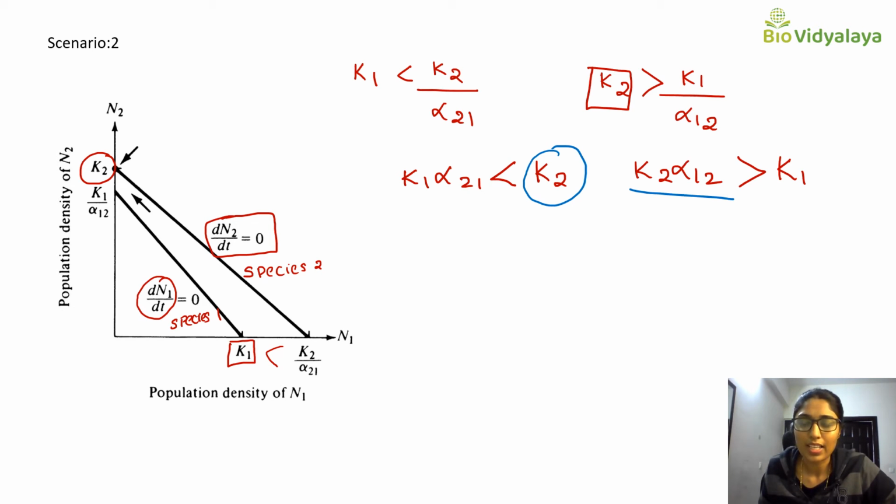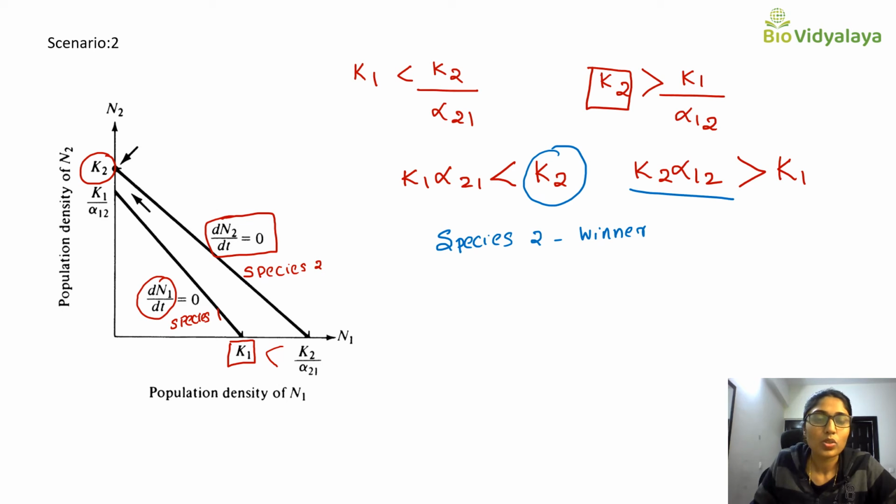So we can say that species 2 is the winner of this competition because species 2 is showing strong interspecific competition. Species 2 is a strong interspecific competitor. So, ultimately, species 2 will win and that will eliminate species 1.